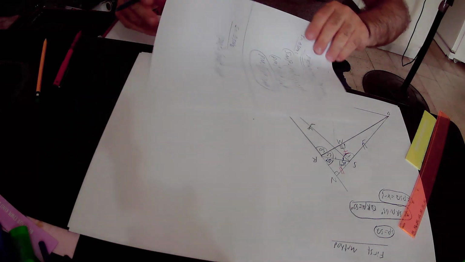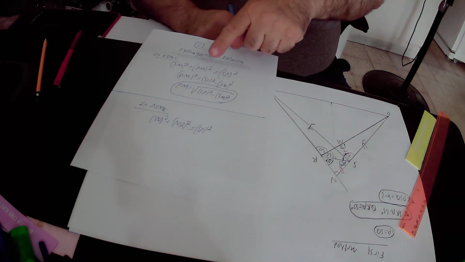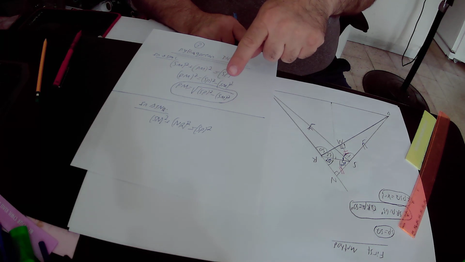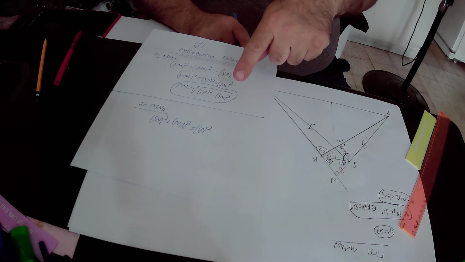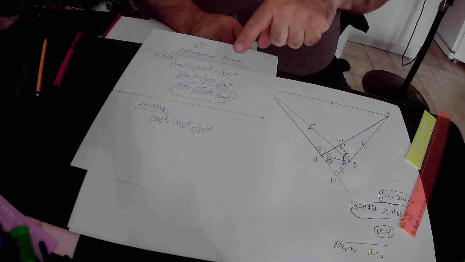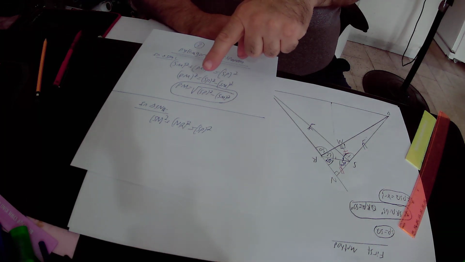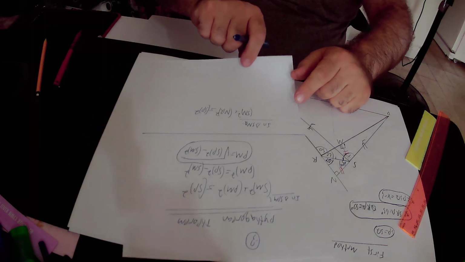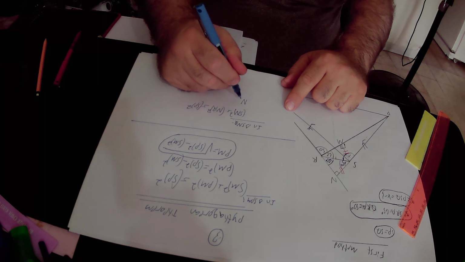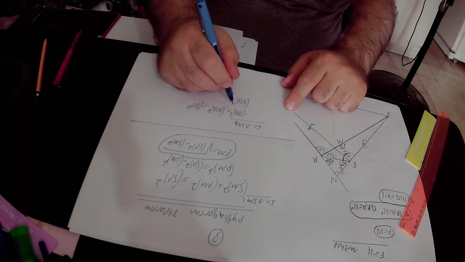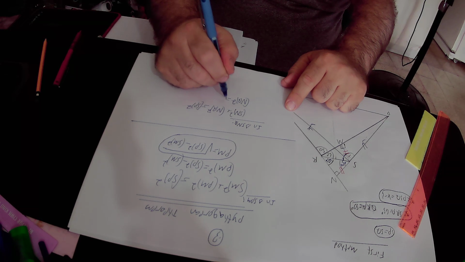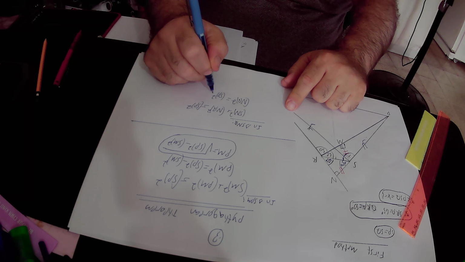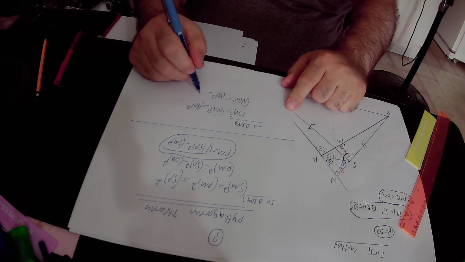Again, in the right triangle SNQ, according to the Pythagoras theorem, SN square plus NQ square equals SP square. Here we will subtract SN square from this equality, and we will get that NQ square is equal to SP square minus SN square.